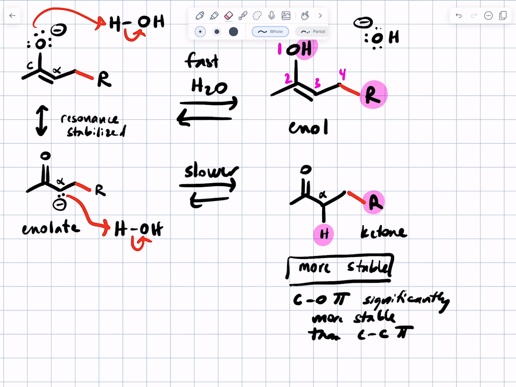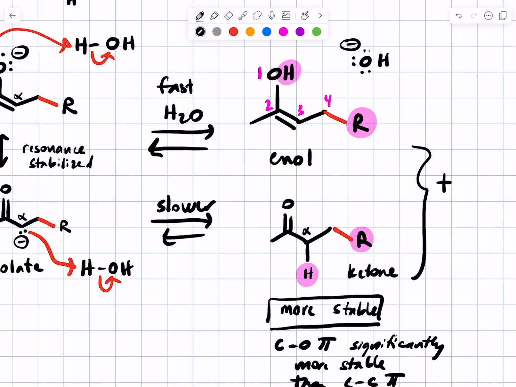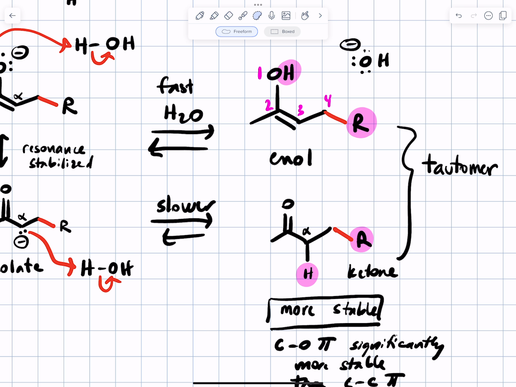It's related to the relationship between the enol and the ketone. This will come up again. But molecules that are isomers of each other that differ only in the location of a pi bond and a proton are called tautomers.